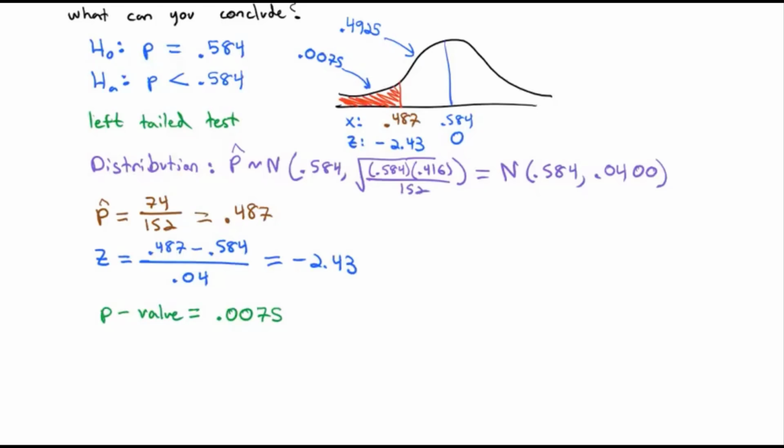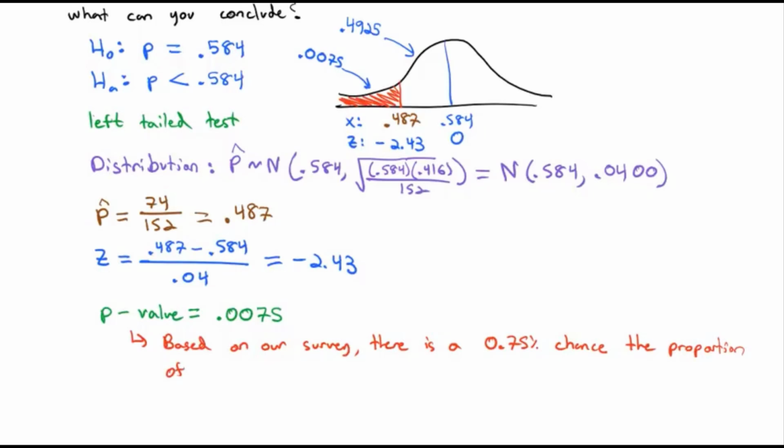0.75%, which means, based on our survey, there is a 0.75% chance the null hypothesis is true, or the proportion of Chrome users, or people who prefer Chrome, probably would have been a better way to say that, is 58.4%.